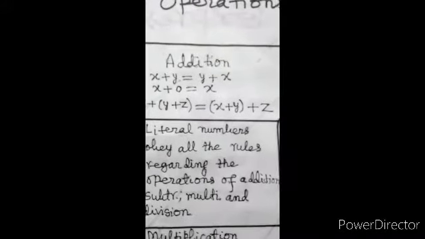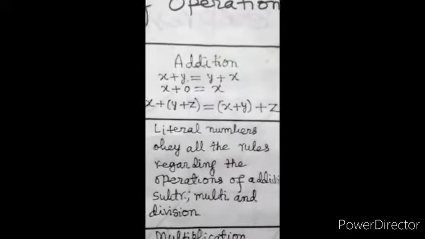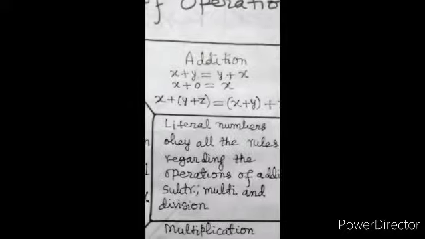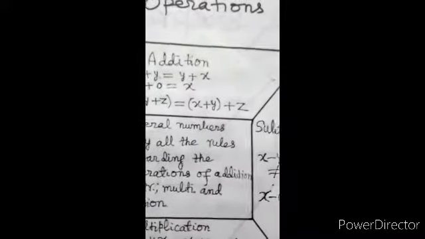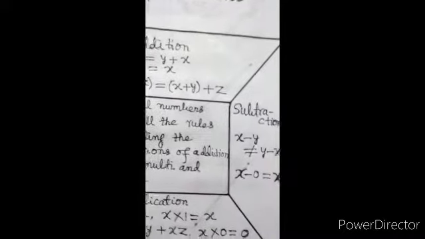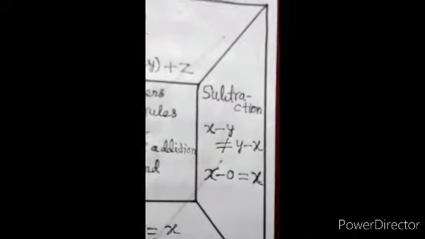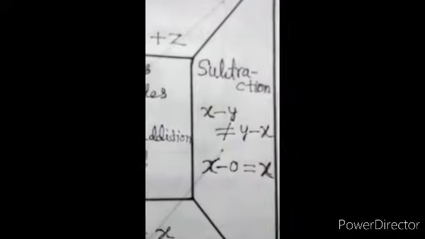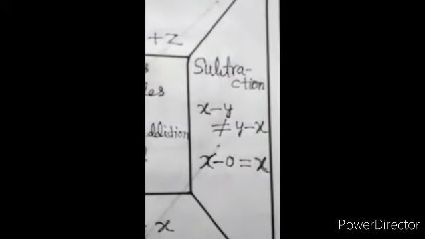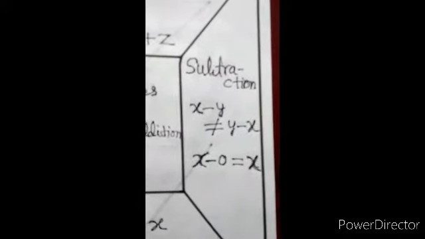Here x plus y are in one group, but both results will be same. Now subtraction. x minus y is not equal to y minus x. x minus 0 is equal to x.